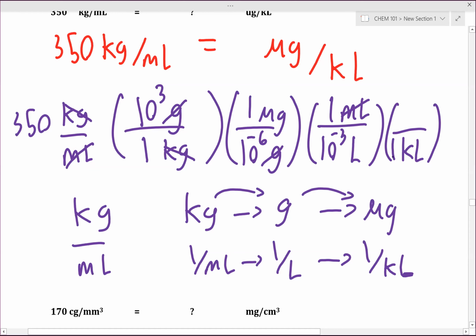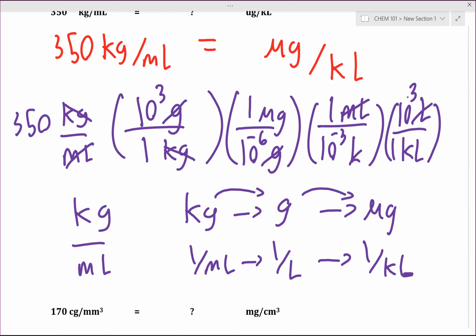And in 1 kiloliter, what undesired unit do we need to cancel? Liters. So we put liters where? On top. So how many liters are in a kiloliter? 10 to the third. Okay, perfect. All of our units cancel and we're done. Does that make sense to everyone?